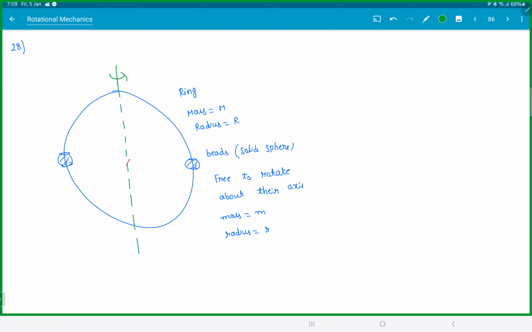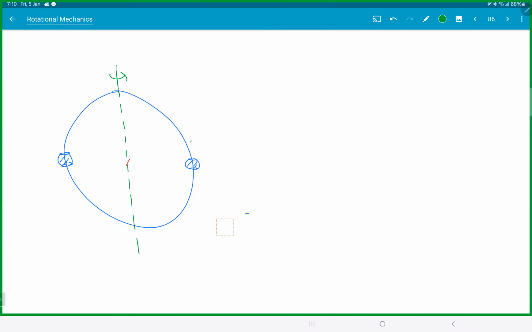So when you're rotating about this axis, for the bead about its own axis it will be 2 by 5 m r square, and then parallel axis theorem. This is 2 by 5 m r square. So I of the system will be M R square by 2. This is for the ring. Remember, it's about the diameter for the ring.